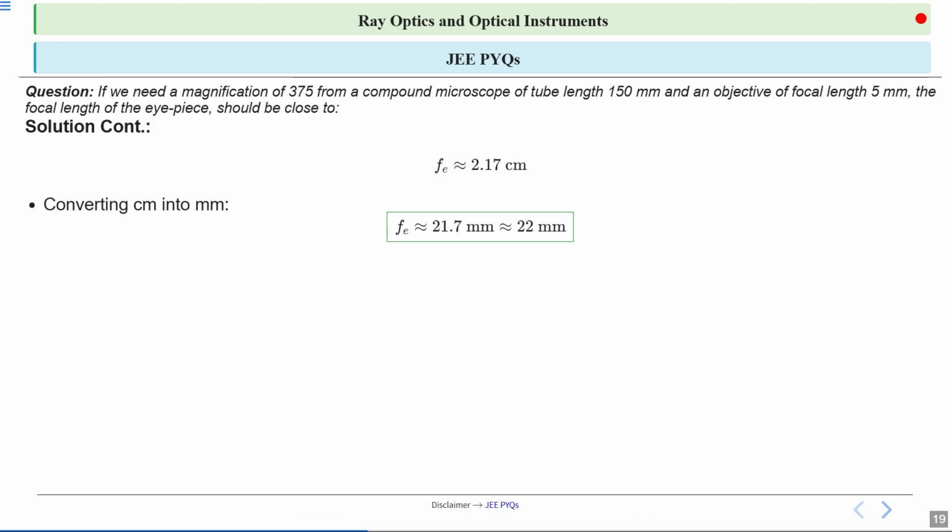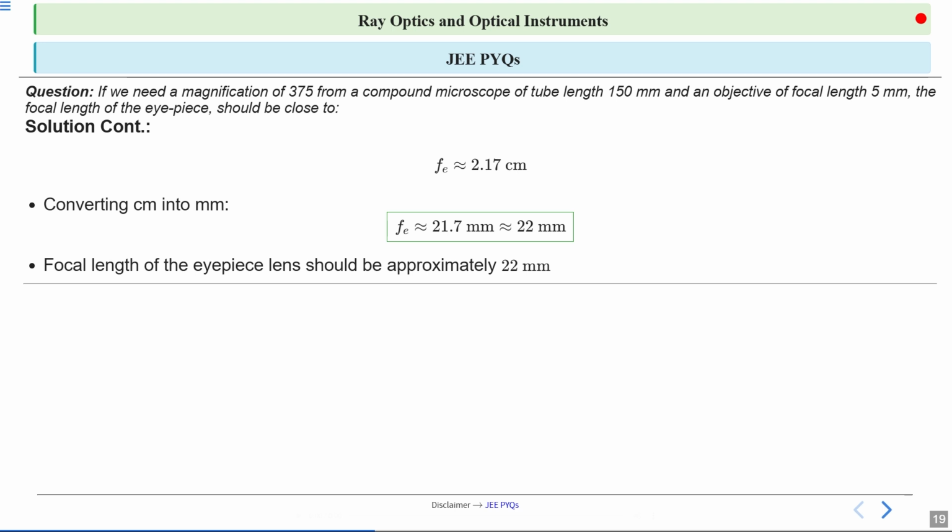Multiply the value given in centimeters by 10 to convert it into millimeters, which is rounded off to 22 millimeters for simplicity. This rounding is common in practical applications to match standard component sizes or to match the options given. So the focal length of the eyepiece lens should be approximately 22 millimeters to achieve the desired magnification.